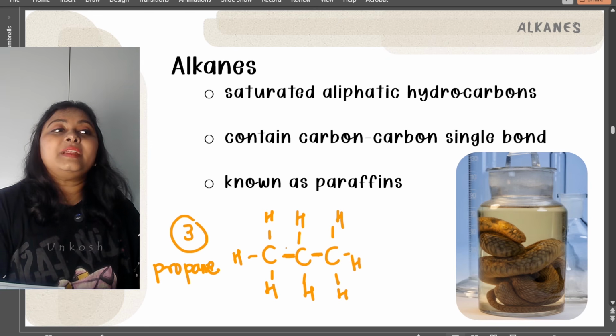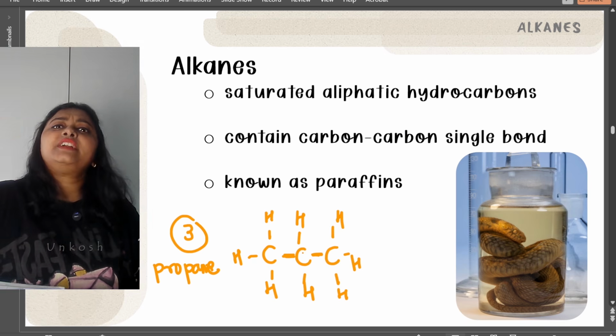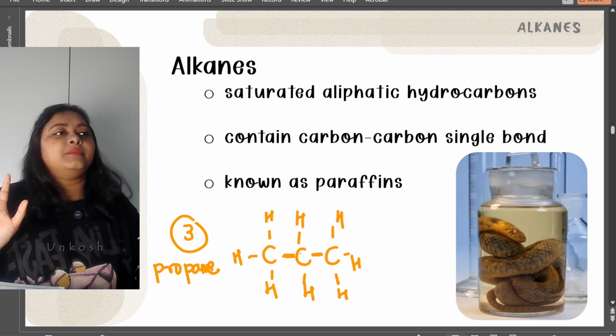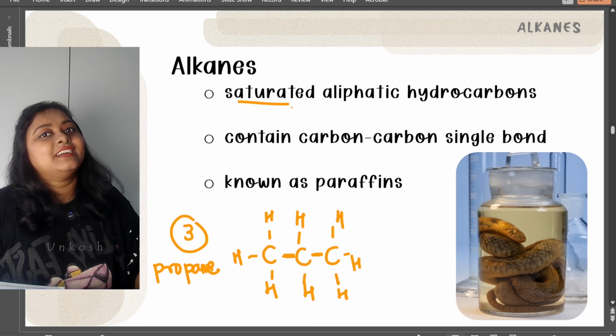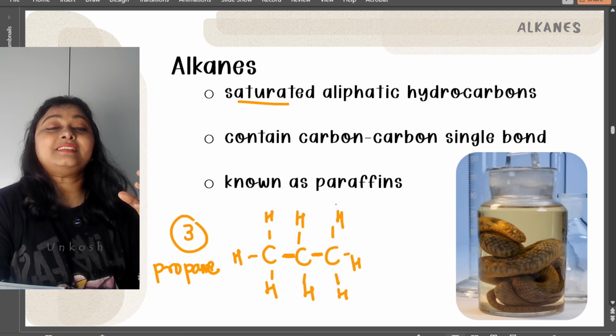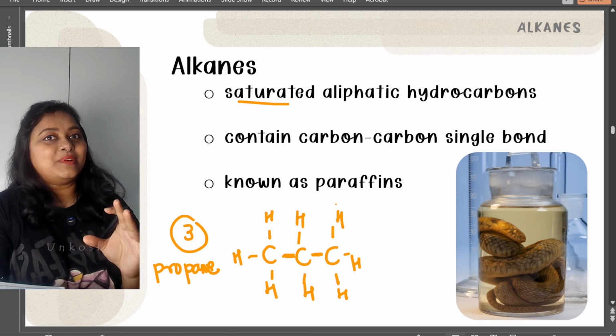No further breaking down is required, no further saturation is required. This is the most saturated form of carbon carbon linking. That's why they are saturated aliphatic hydrocarbons. Now I hope that the concept of saturated aliphatic hydrocarbons is very much clear.